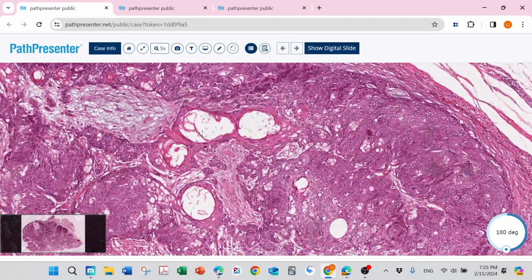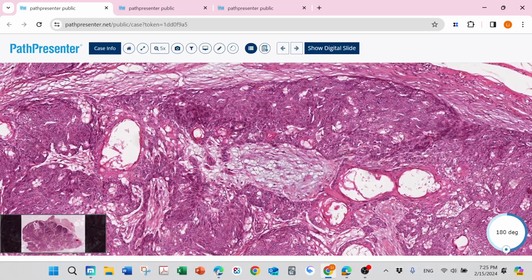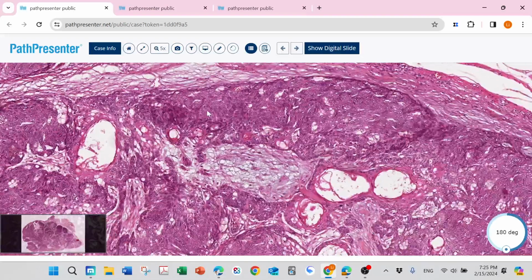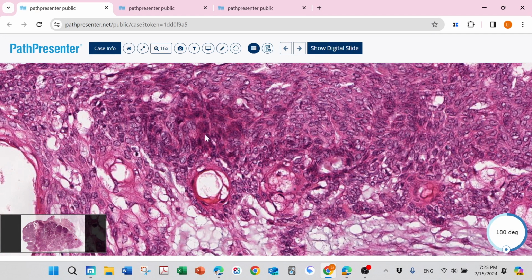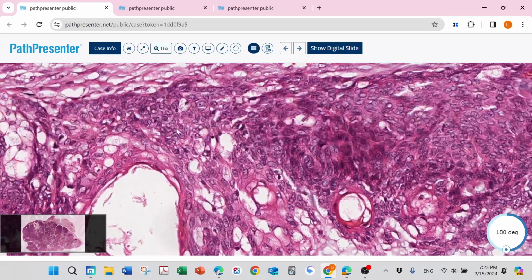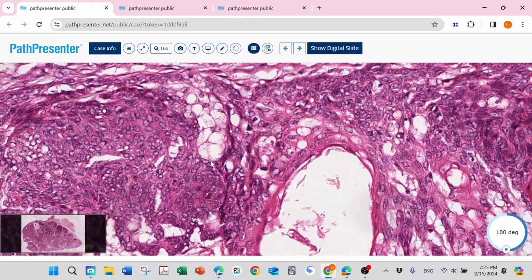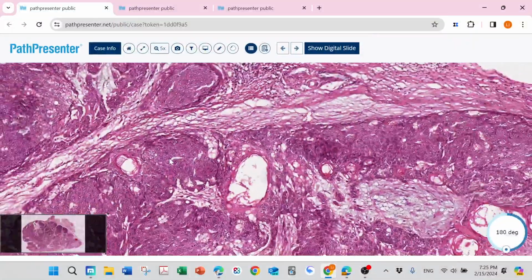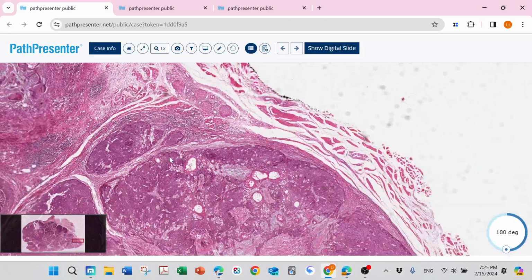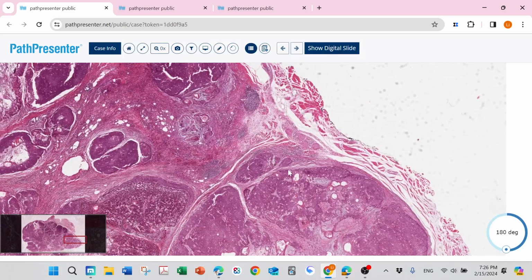This slide is not really high resolution, but you can see this cell is really atypical, really big compared to this one. So you need to think of sebaceous carcinoma.